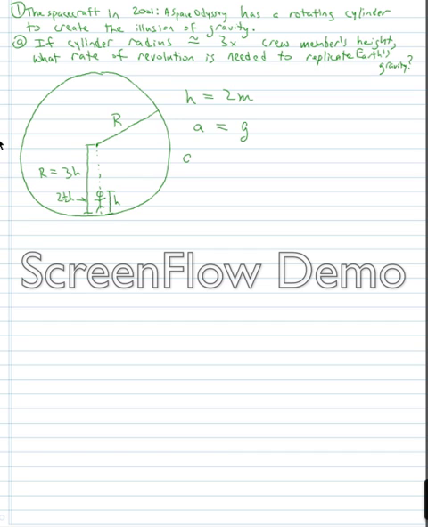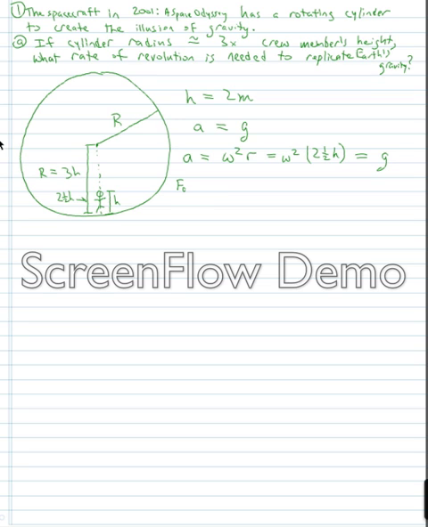So we'll have a equals omega squared r, and this r is going to be acting at the person's center of mass, so that's omega squared times 2.5 H, and this should equal g, right?